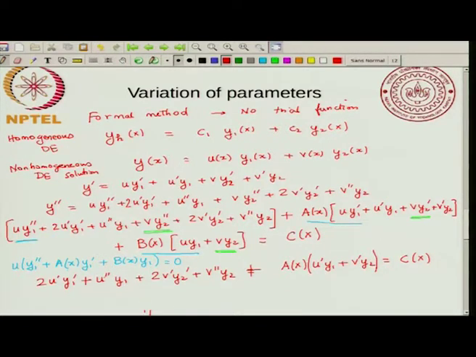Notice that we got entirely rid of the b term, and we are just left with this.